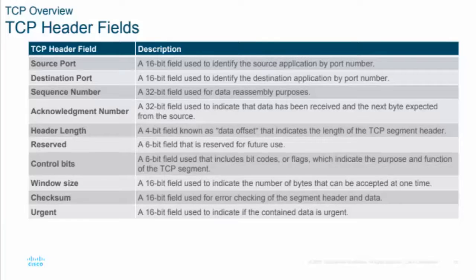We already talked about the source port and destination port. It's a 16-bit field, and we have some common port numbers. You need to know them, please. For example, for HTTP, it is 80. We have the window size also. We have checksum for error checking.